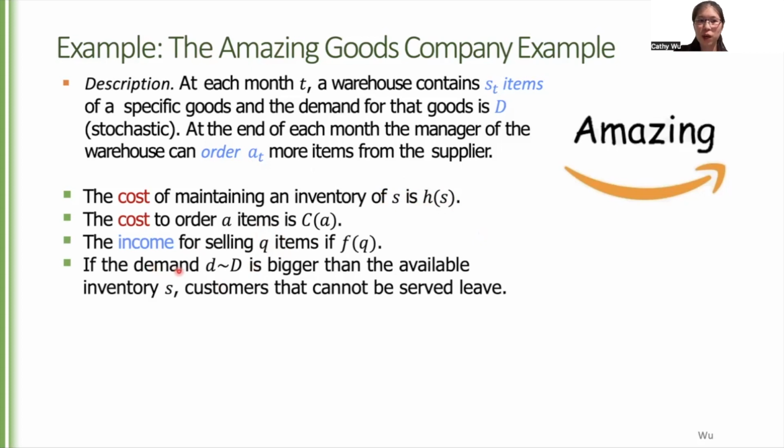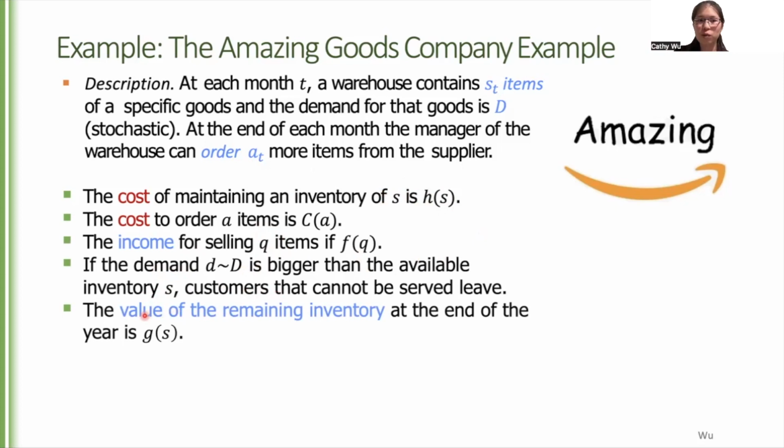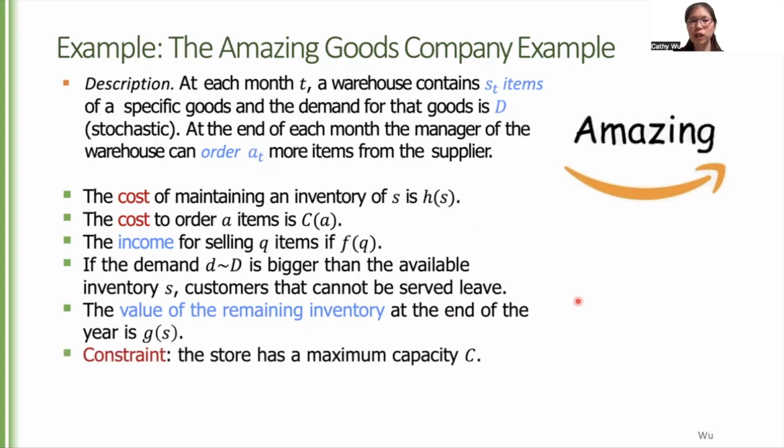And if the demand is greater than the available inventory, then, well, we can't sell more items than we have, so customers will leave. And there's some value of the remaining inventory at the end of the year. Oh, and one more, there's a constraint, which is that the store has some maximum capacity, C.